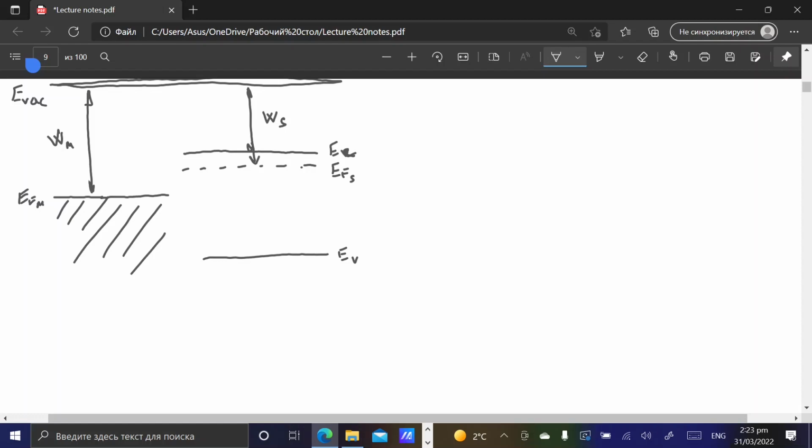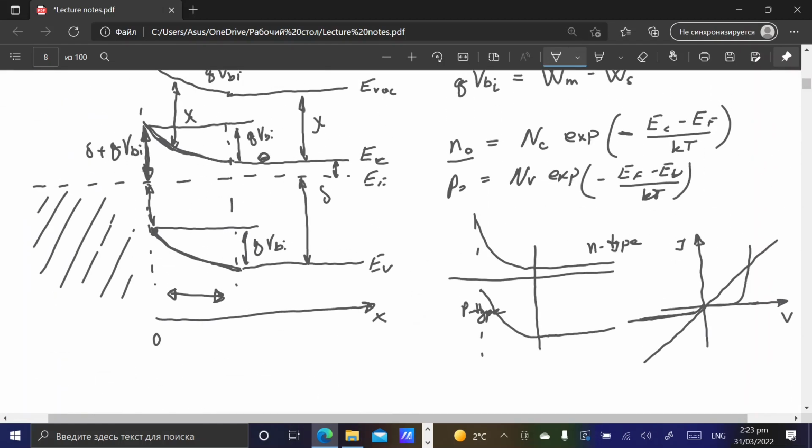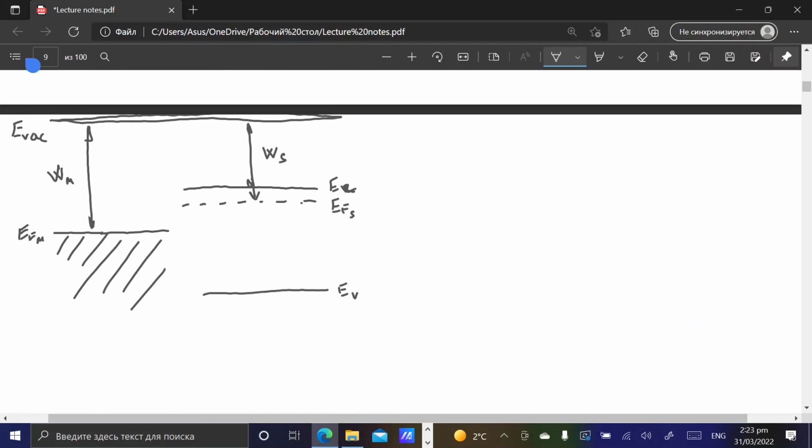Oh, actually no, it's the same. I was thinking about something different, but it's the same. So let me change this. So here it should be just shifted downwards.